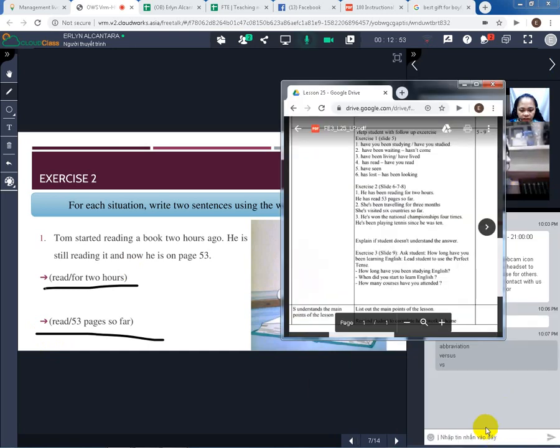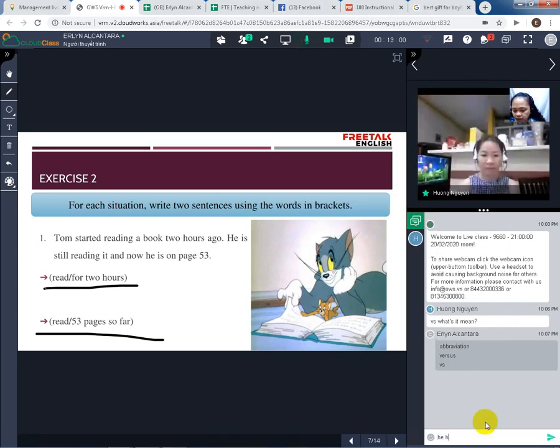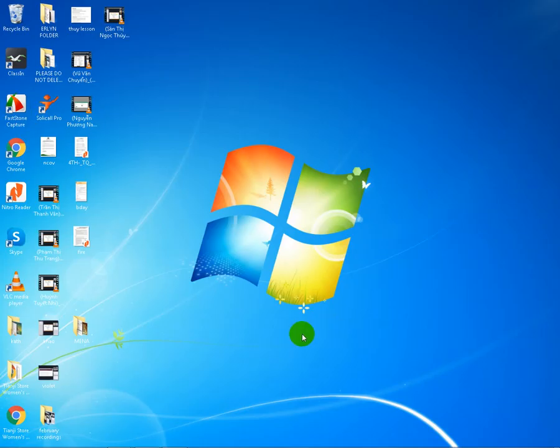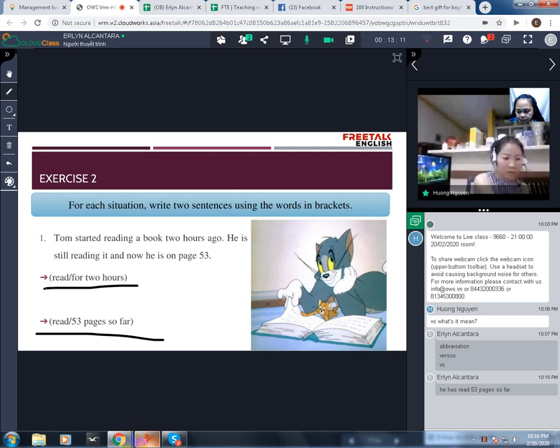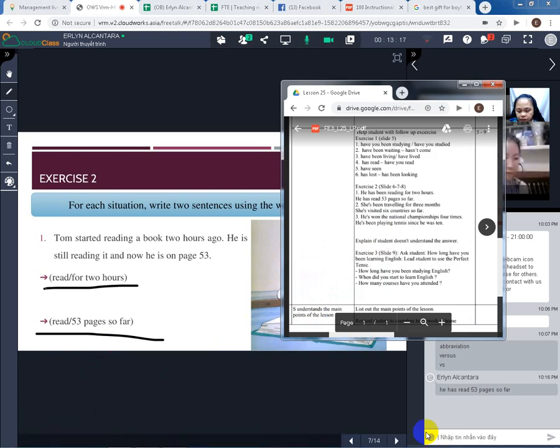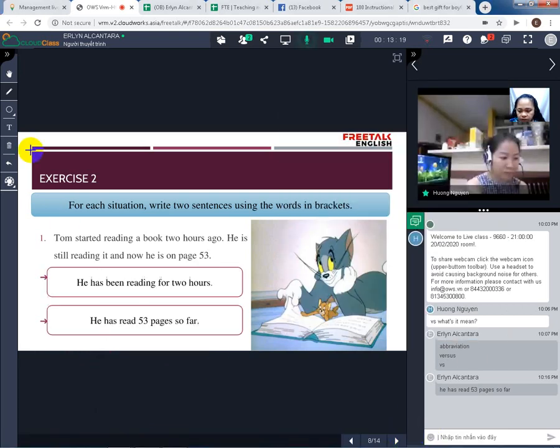So instead of saying that, we can say he has read 53 pages so far. He has read 53 pages so far. Okay? All right. So let's go to the second one. So he has been reading for 2 hours. He has read 53 pages so far.